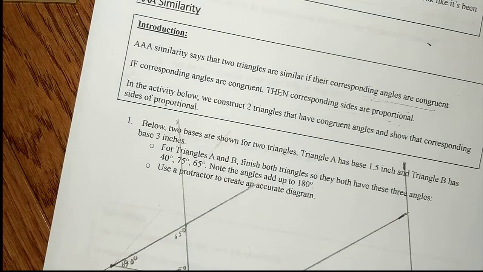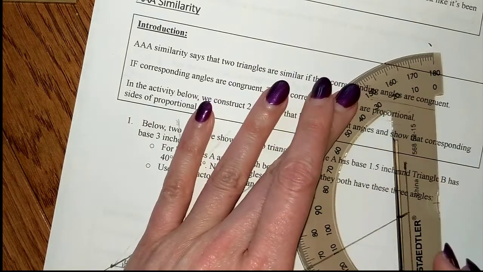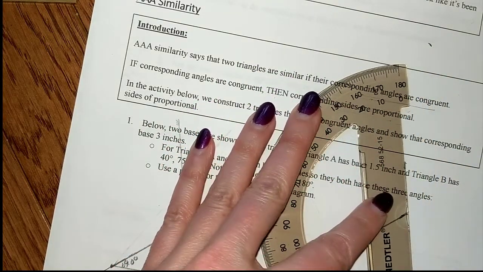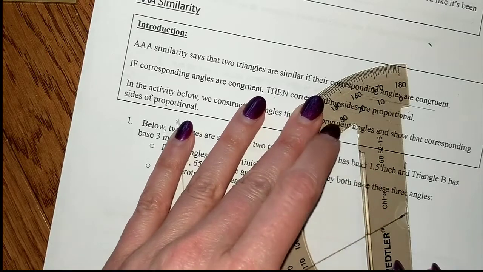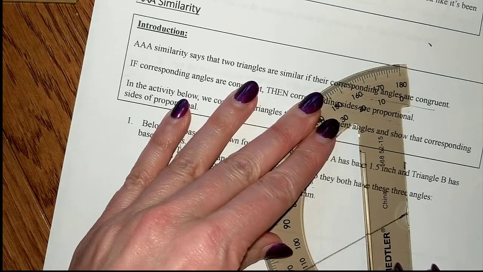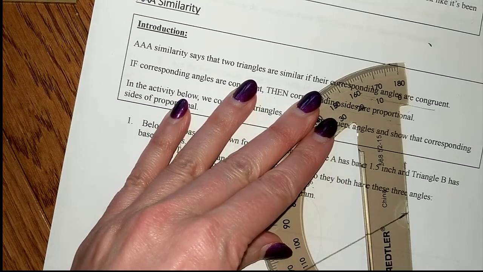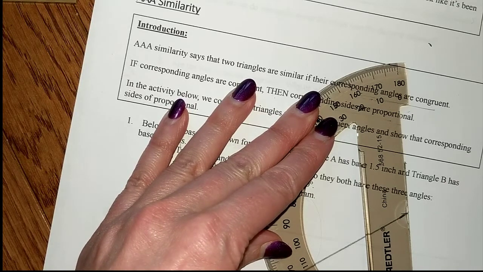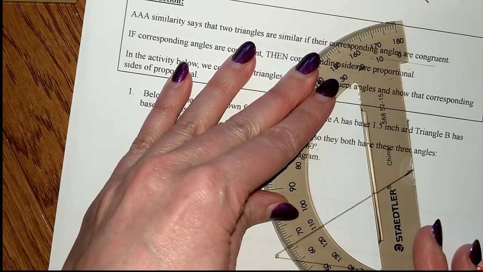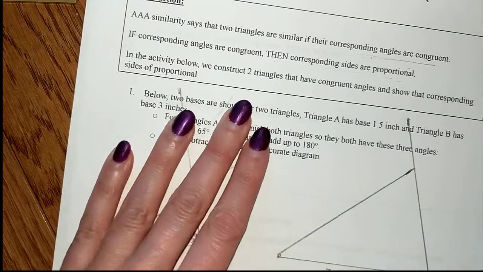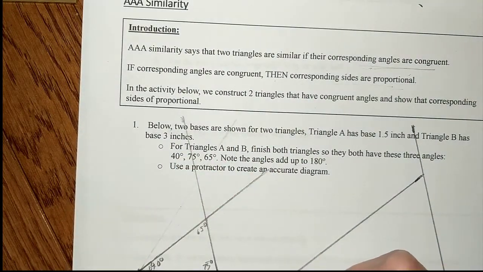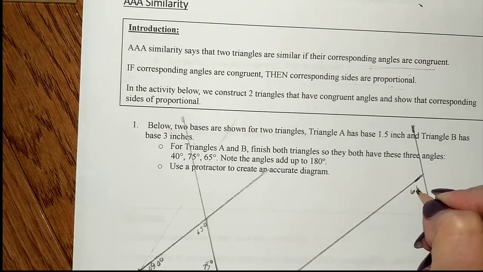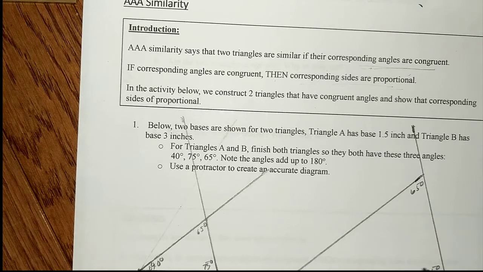Okay, and then let me check this one. Oh, that's closer. That's better. That's closer to 65 degrees. Can y'all see that? There. Okay. So here's my 65, 75, and 40.